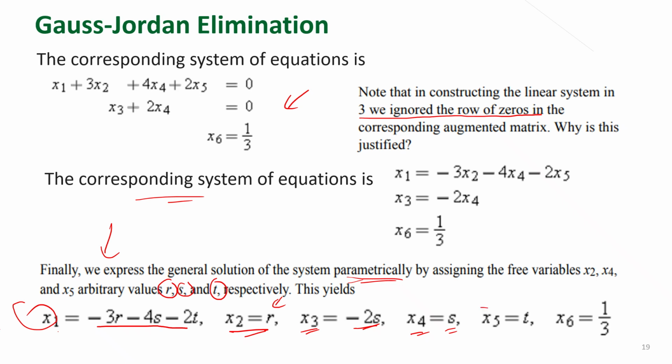For x5 you put a parameter value of t, and x6 is obviously 1/3. That's how you write this answer in mathematical form. So you still have parameters that you need to decide, what will be the values of x2, x3, x4, and x5. Then you can get x1, but x6 is already given.